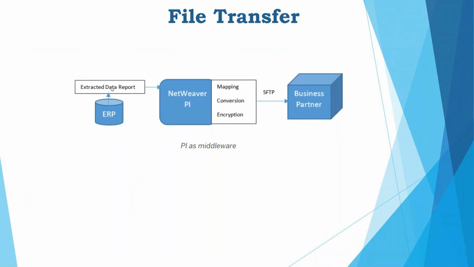When we dump the file into the PI system, the mappings, conversions and encryptions happen, then it goes to the third-party system. This is the approach we have followed from the starting till date. Most companies follow this approach to transfer data from one system to another system. This is called FTP.